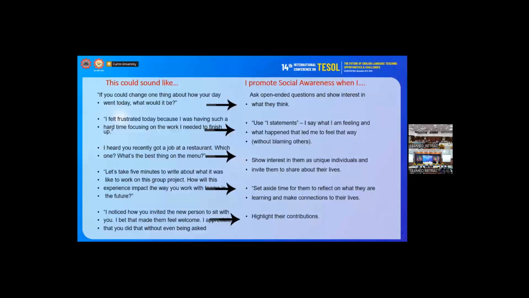And the very first question that the CASEL survey asks the participants is, how do you want young people to feel when they are with you?